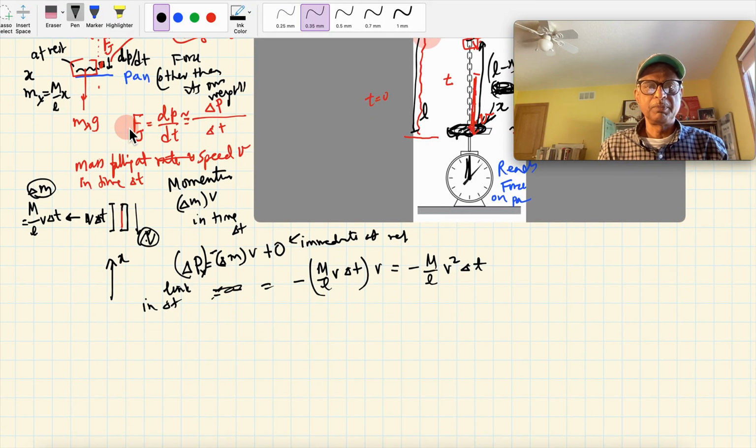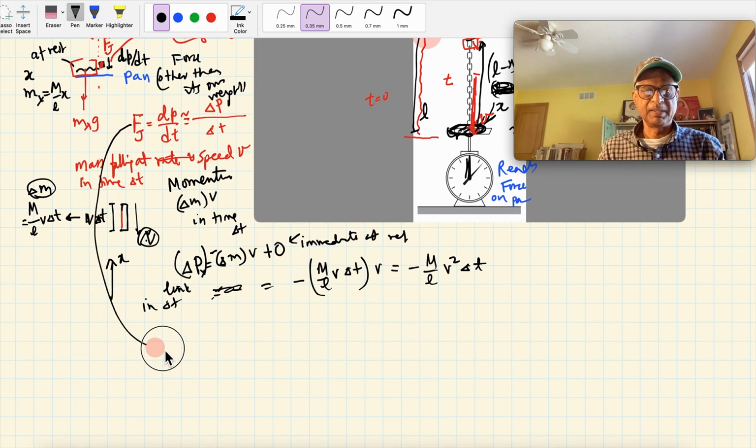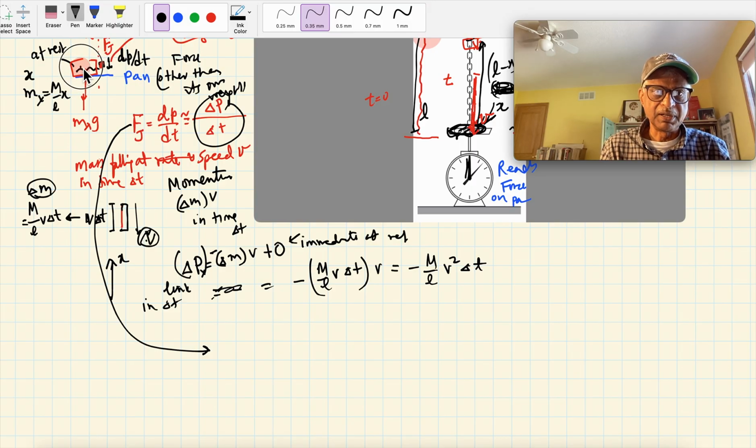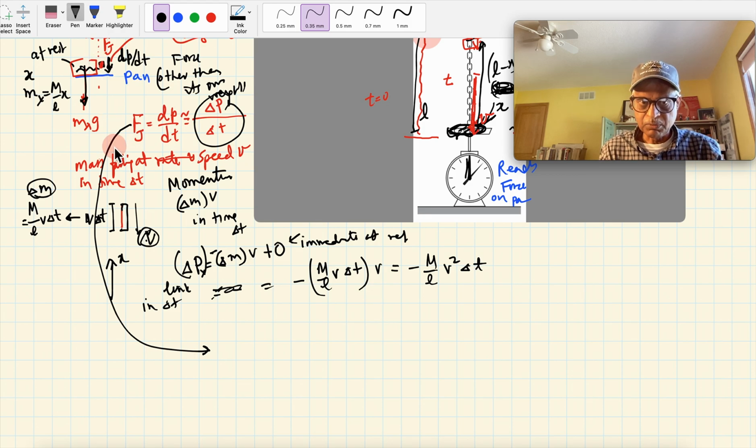So this force is asking us to get the rate at which momentum is transferred. So we can just ignore the minus sign for now, because we already took direction into account: there will be mg this way, that's going to be negative, and there's going to be force from this change of momentum on the link that will also be negative, and they're going to add up.